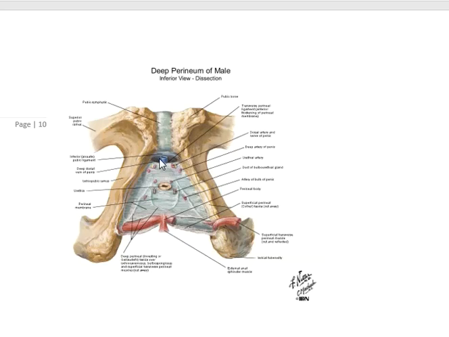This one is a vein of the penis that is going to join the prostatic plexus. This one is the deep dorsal vein of the penis.